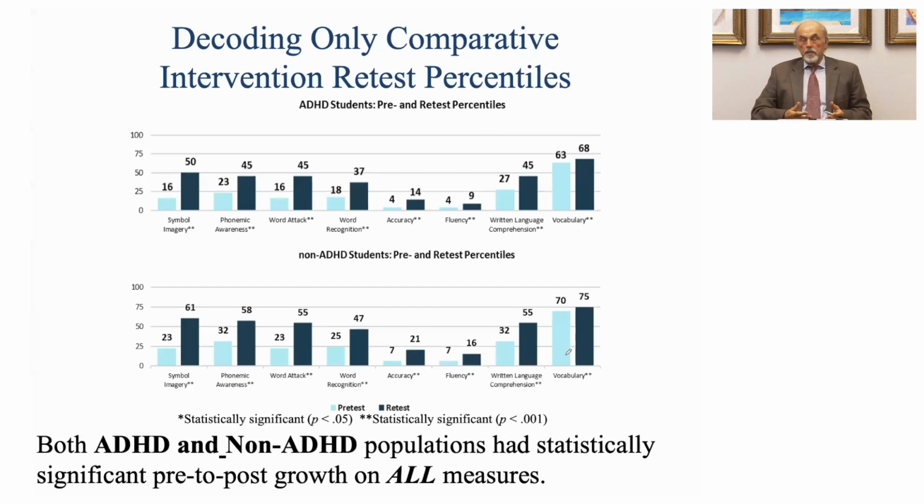Why is that important? In spite of having attentional factors, we're able to show that these individuals were able to make statistically significant progress in all the measures associated with their particular reading problem. Of course, you know where I'm going with this. It's the chicken or the egg.